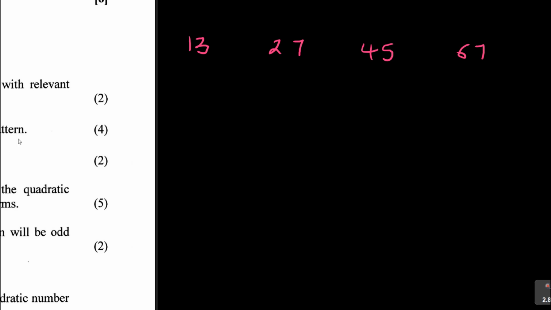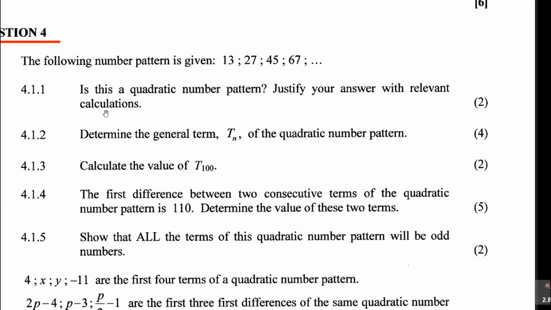So let's read this. It says the following pattern is given. 4.1.1. Let's start from the first one. Is this a quadratic number pattern? Justify your answer with relevant calculations. It's 2 marks.